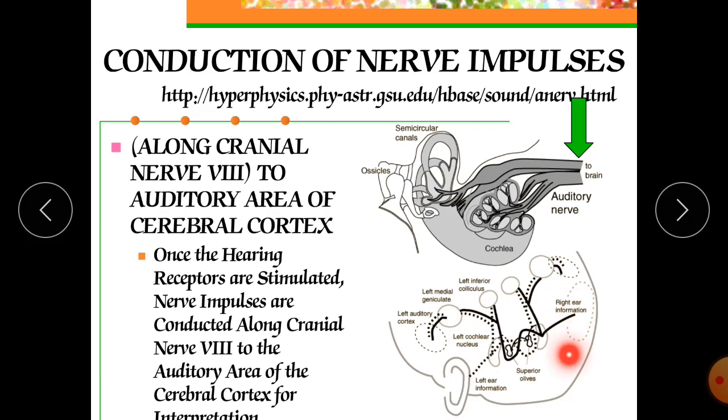So we are able to identify correctly the perfect sound of that particular person. We store all the sound information in our cerebral cortex, and whenever that same sound comes, our brain immediately takes action, recognizing and identifying that particular sound.